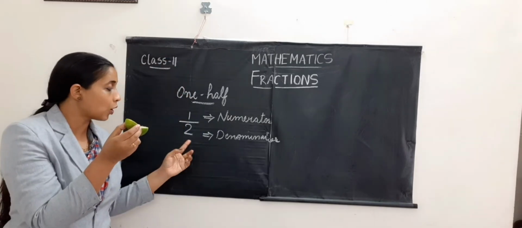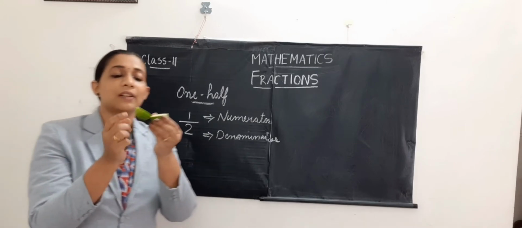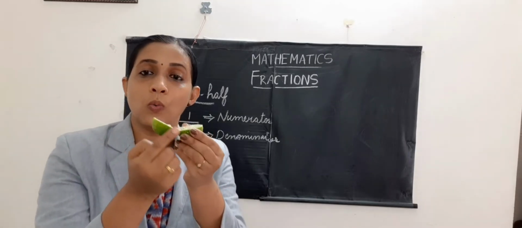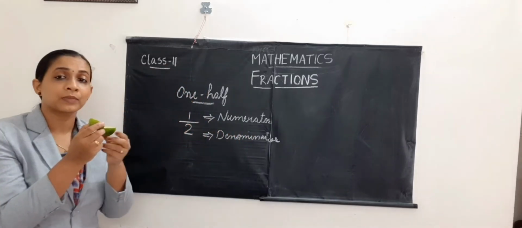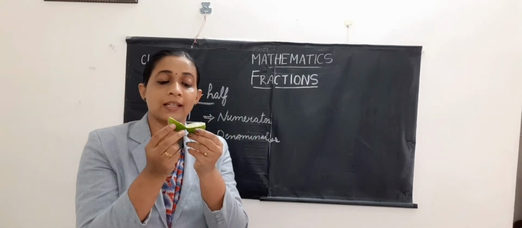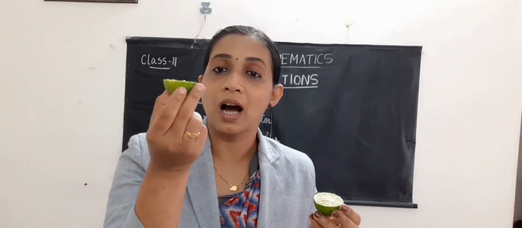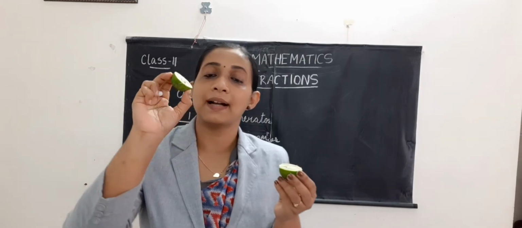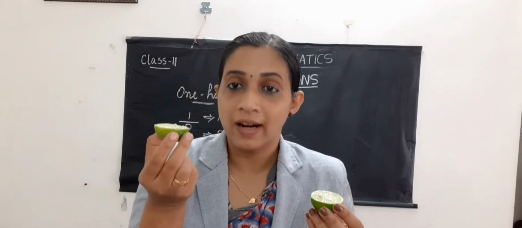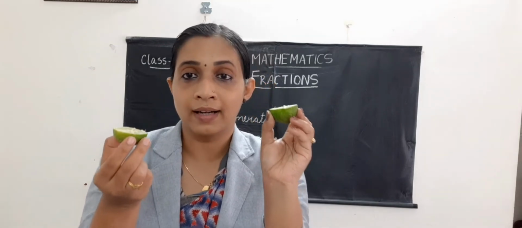So in the denominator, you will write 2 and you are referring to 1 out of 2, so in the numerator, you will write 1. Okay, so this is 1 out of 2. 1/2.